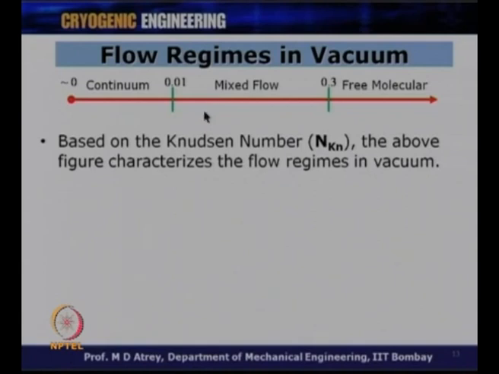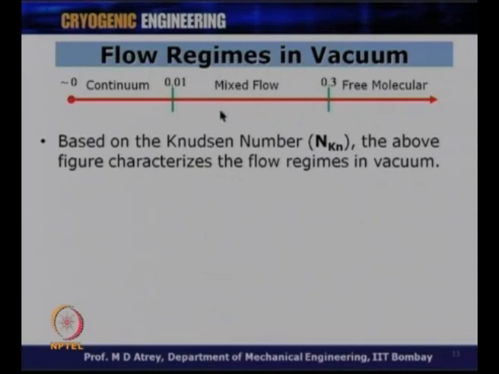When I say my Knudsen number is less than 0.01, I am in the continuum region, where lambda is much smaller than d. But as lambda starts increasing, the Knudsen number starts increasing. If I am between 0.01 and 0.3, I have something called mixed flow.